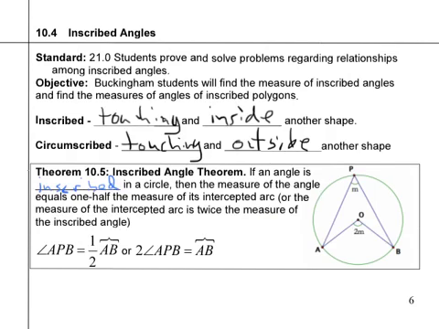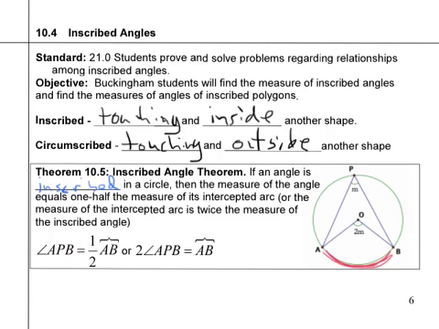Here's the idea. An inscribed angle is any angle that is touching the inside of this circle and yet opens up to some arc. So here you have P, it's an inscribed angle, and it hits A and it hits B, making this arc AB the arc that it intercepts. So whatever AB is, this angle P is half of AB.